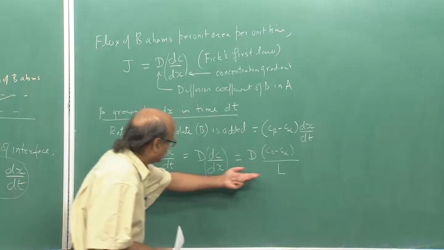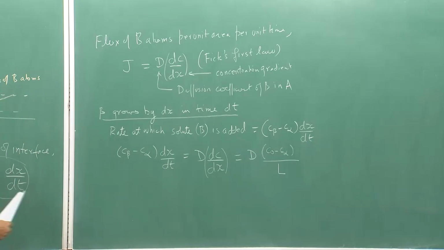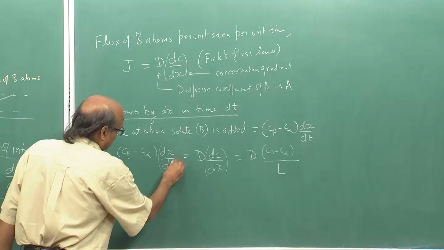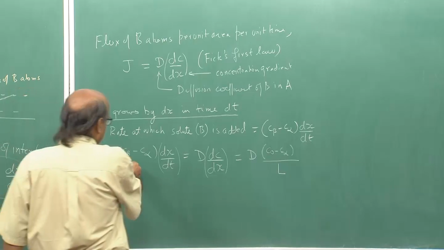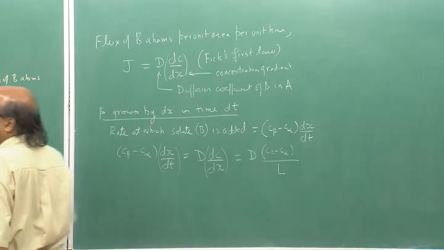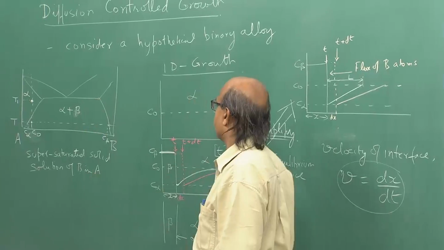Now, what do we do with this relationship we have? We wanted to find dx by dt, so this is an unknown quantity for us. C beta, C alpha we know from the phase diagram.